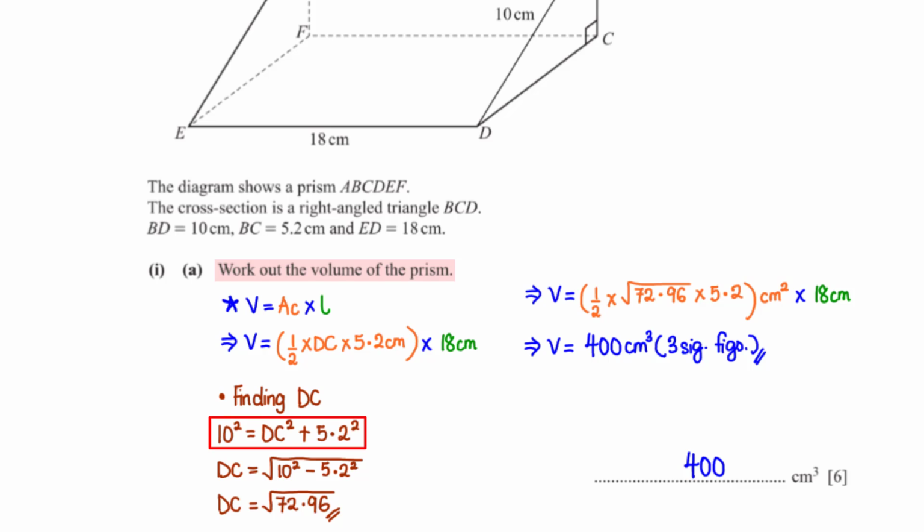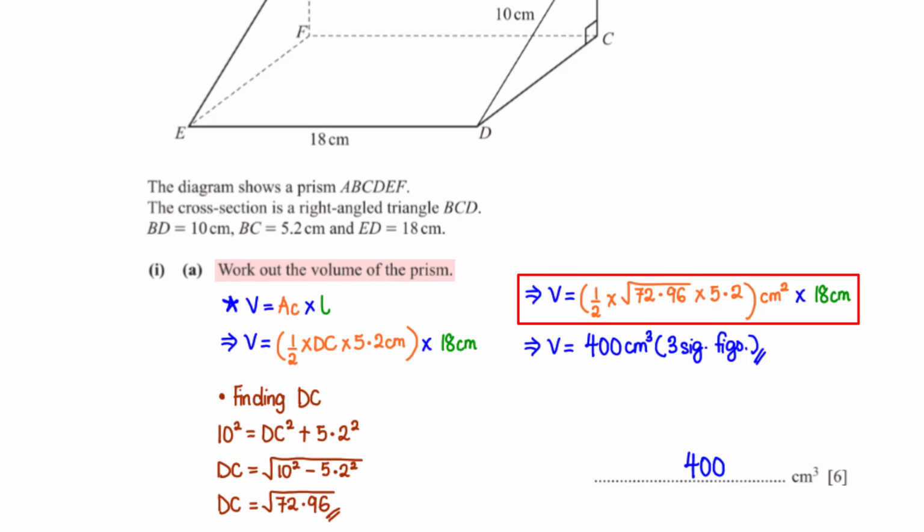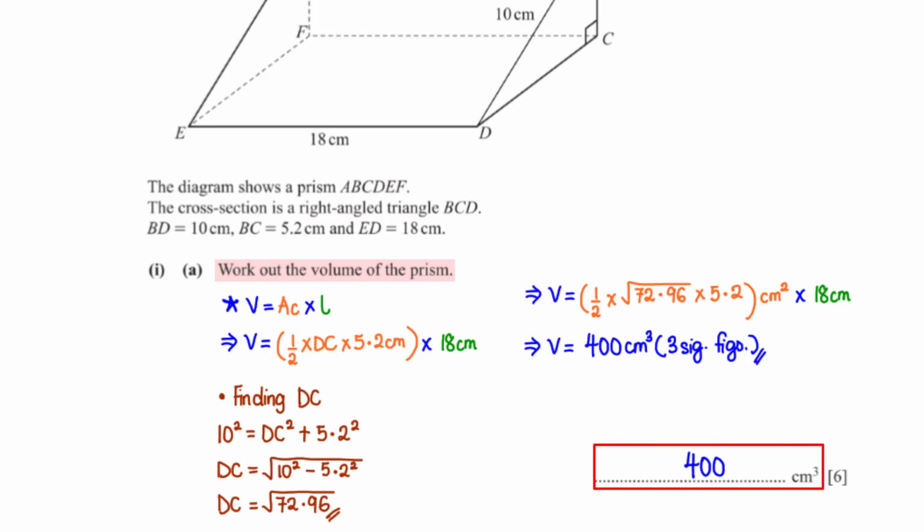This gives us 10 squared equals DC squared plus 5.2 squared. When we make DC the subject, this is what we have. 10 squared minus 5.2 squared is 72.96. When we plug in the length of DC into the equation and type this into the calculator, we get the volume to be 400 cm cubed rounded to 3 significant figures.